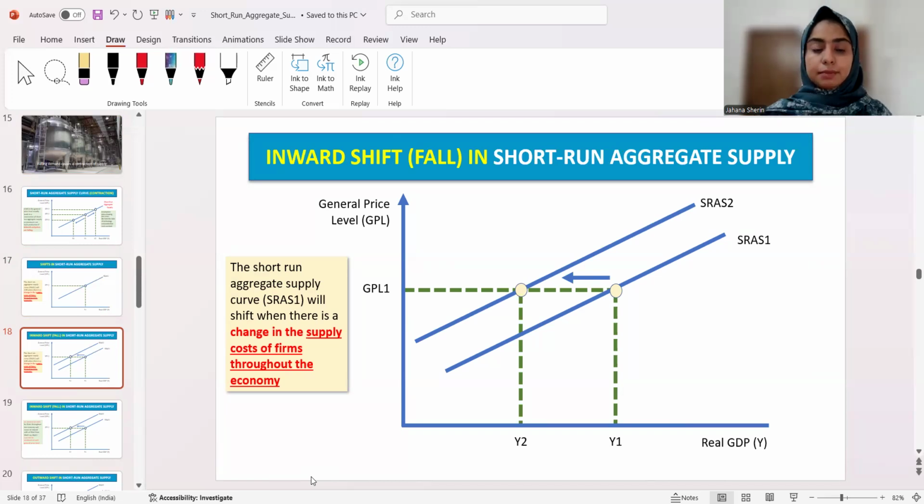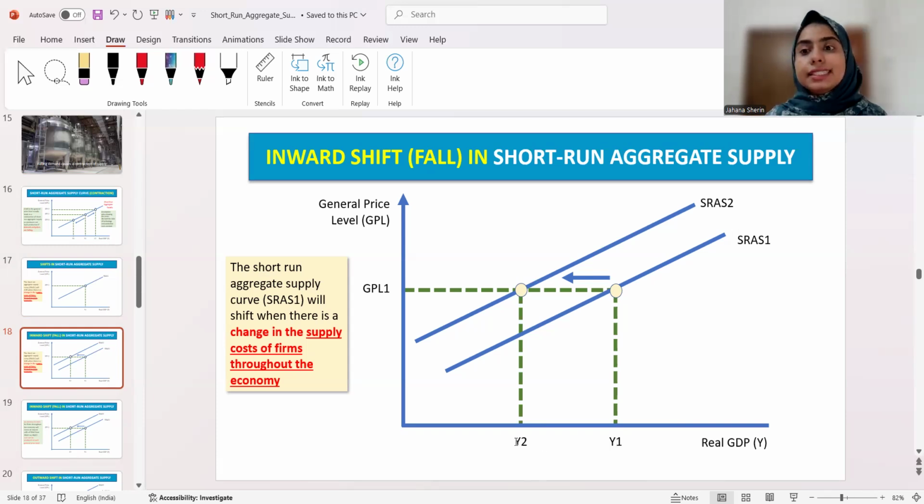The short-run aggregate supply curve shifts leftward because of the increasing cost of production. So look at here, SRAS1 shifts to SRAS2, which means it shifted backward. Because of that, the real GDP of the economy decreases from Y1 to Y2. Clear?